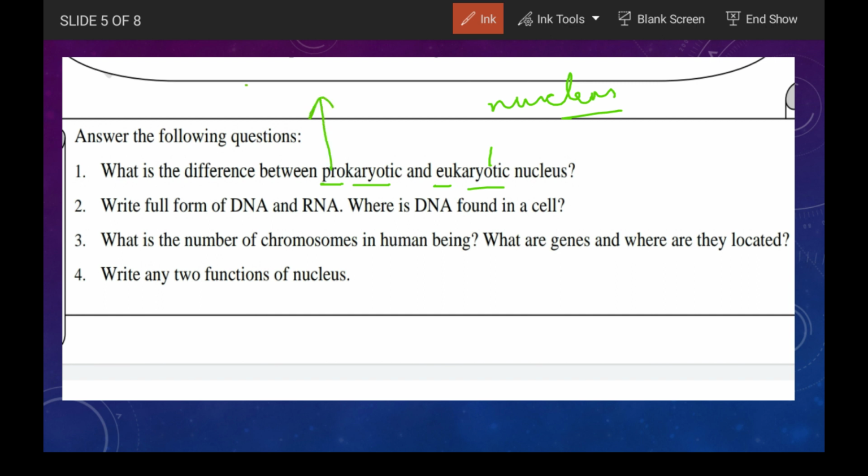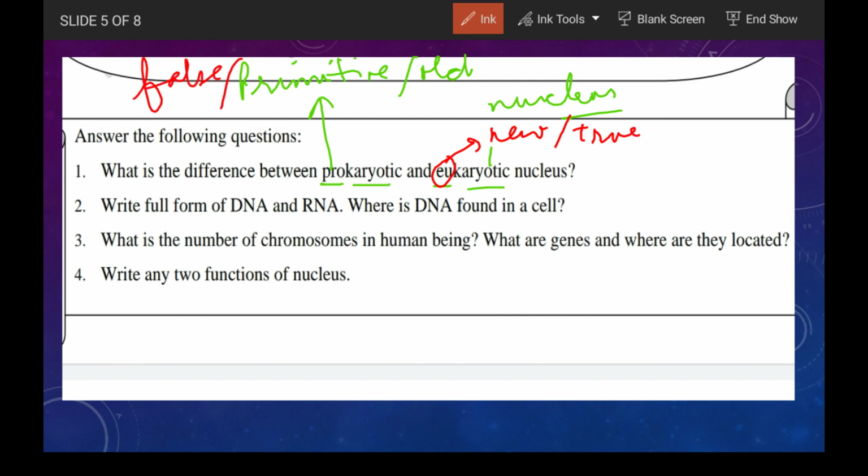Pro means primitive, primitive means old, and eu means new or true.